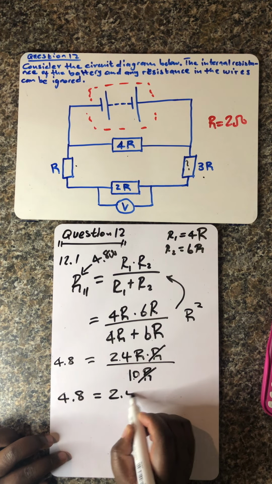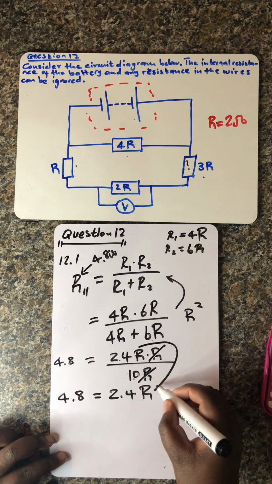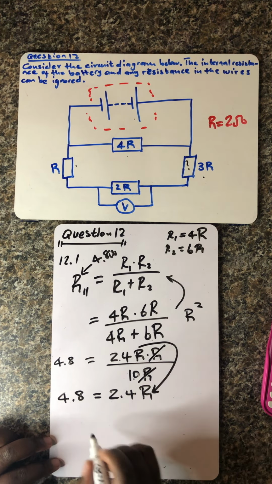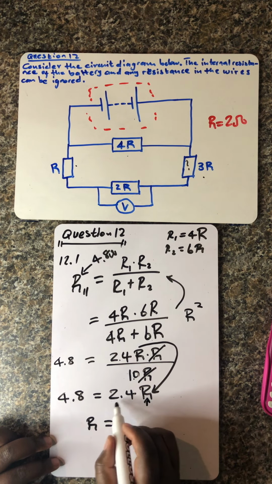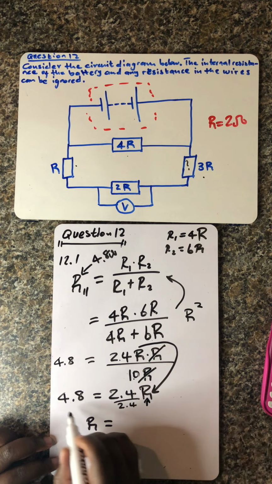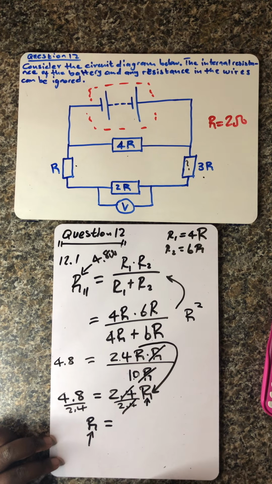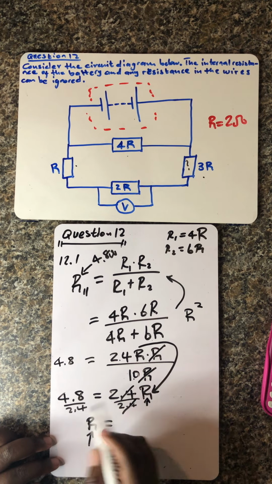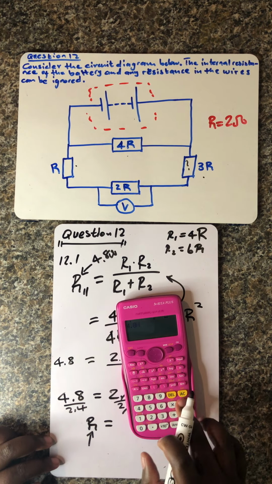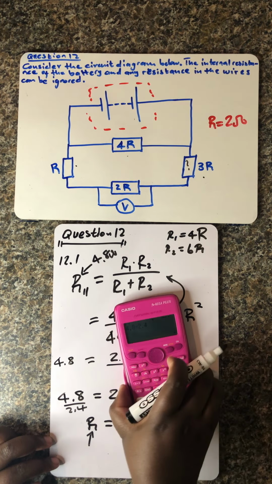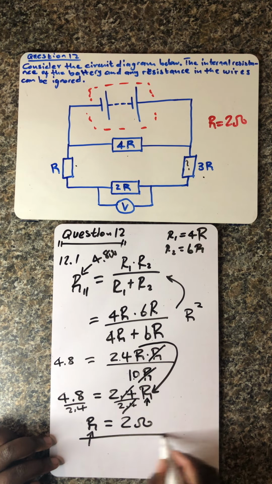So that means you've got 2.4 R. Remember, this is that R. So now R is equals to, you obviously divide by 2.4 on both sides so that it cancels and you remain with that R. So 4.8 divided by 2.4, let's see how much you get. 4.8 divided by 2.4 equals 2. Can you see, guys? And that means this is 2 ohms.